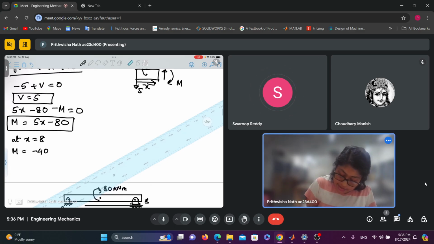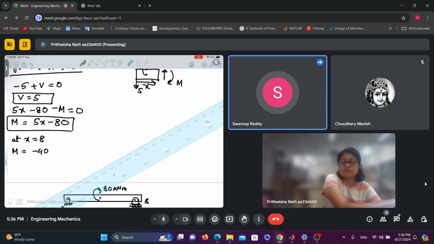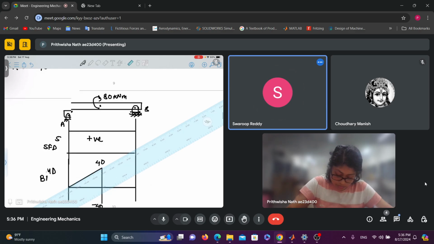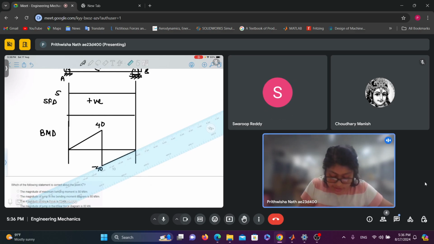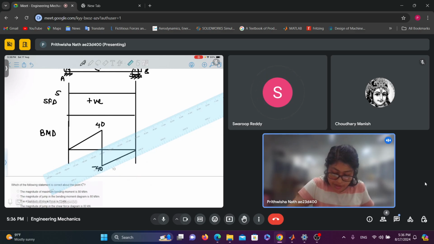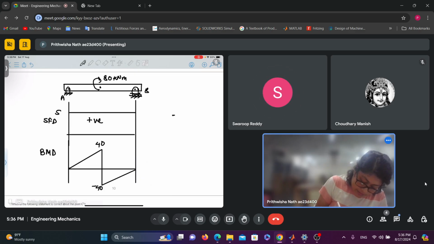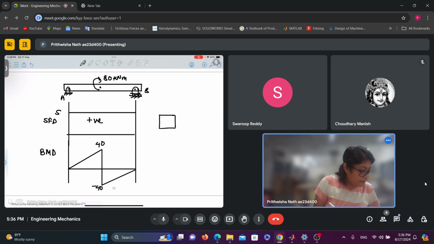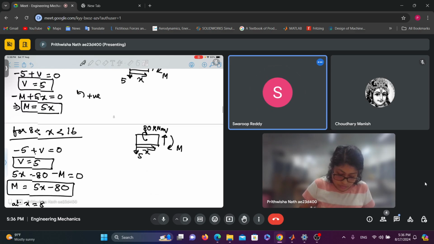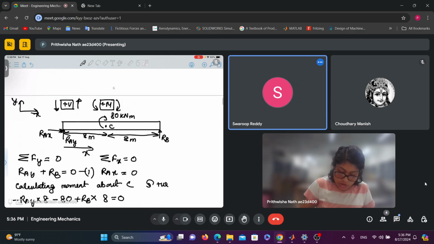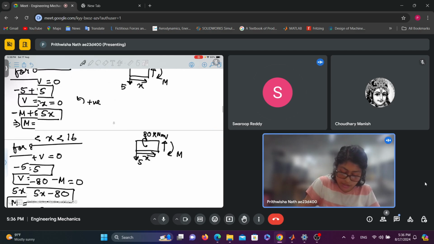At x equals 16, what should it be? 0. So this is the bending moment diagram. You should always mention the sign convention that you have followed.